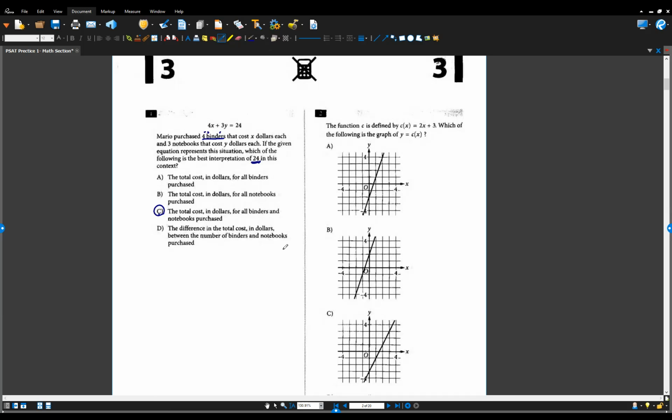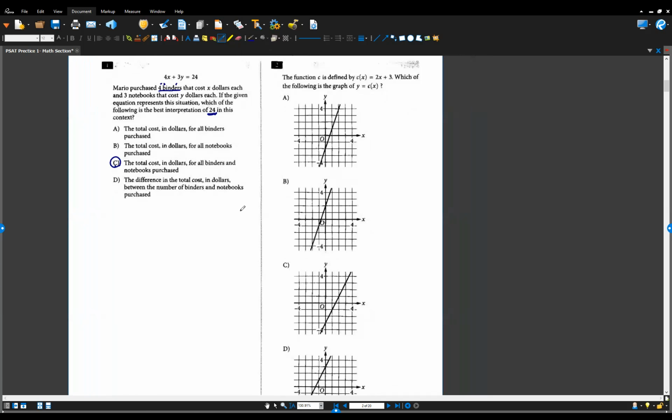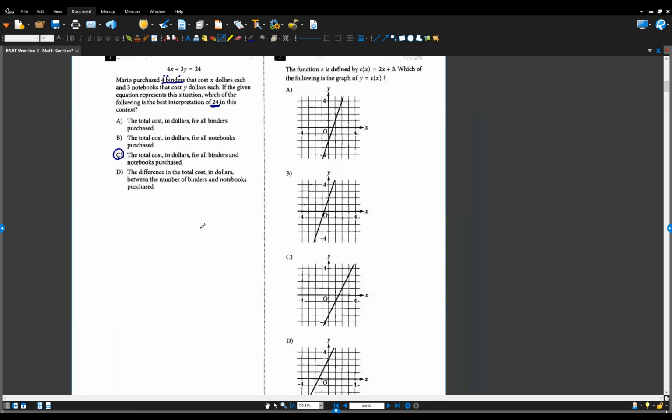All right, number 2. Because it's the PSAT, you've got to get 100% on math. Function questions usually use f, but on the PSAT they may start with a different letter: c(x), g(x), f(x), p(x), k(x). It doesn't matter, it is anyway a function. Which of the following is the graph of the function 2x plus 3?